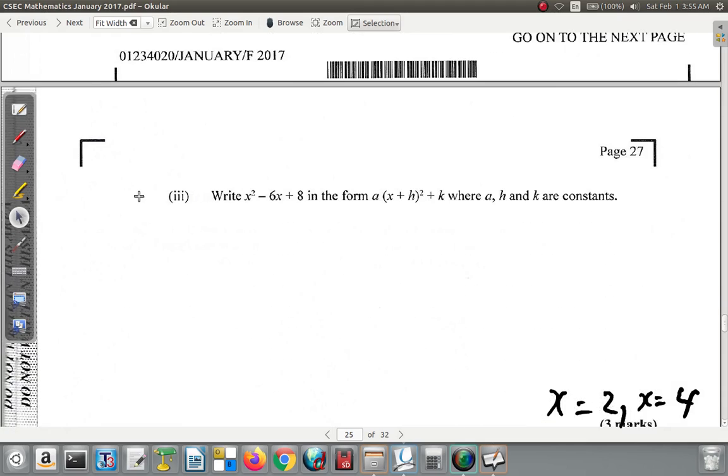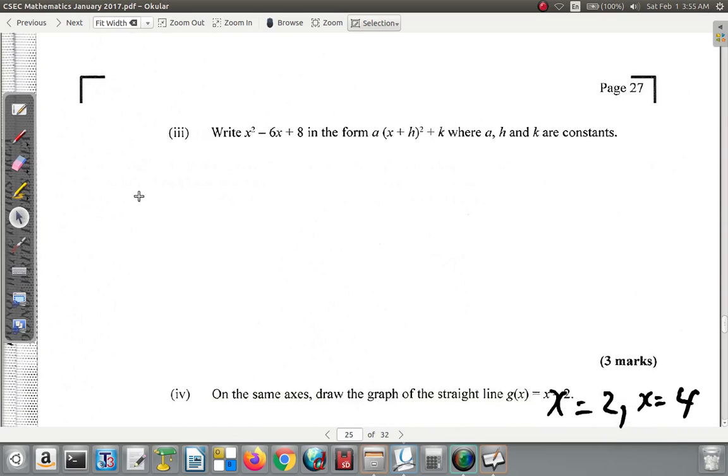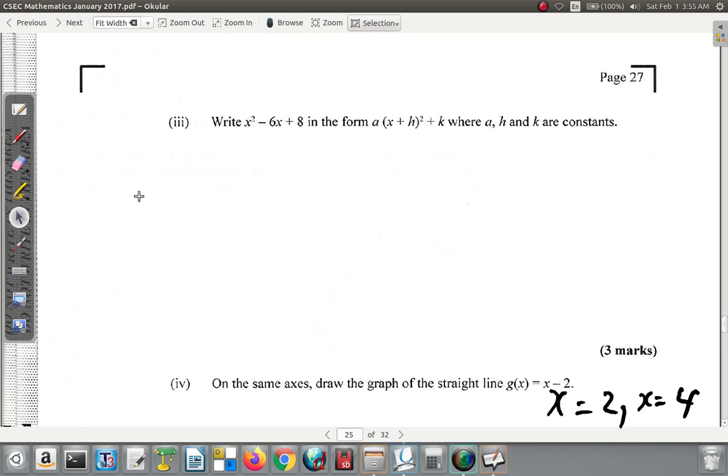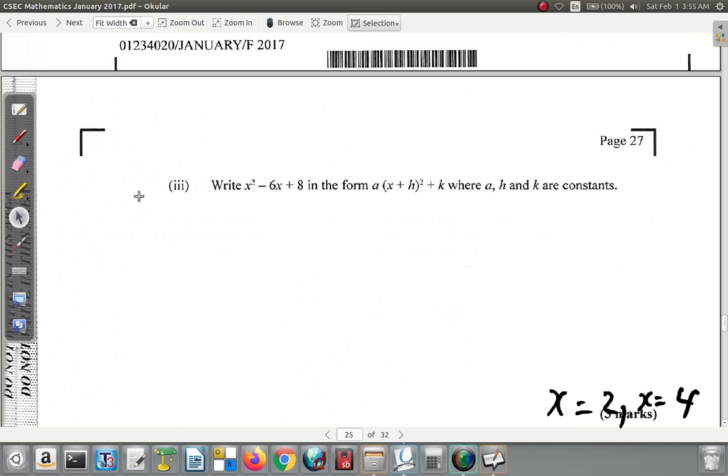Part 3 says write x squared minus 6x plus 8 in the form a(x plus h) squared plus k, where a, h and k are constants. 3 marks. Alright, let's see what that is about now.